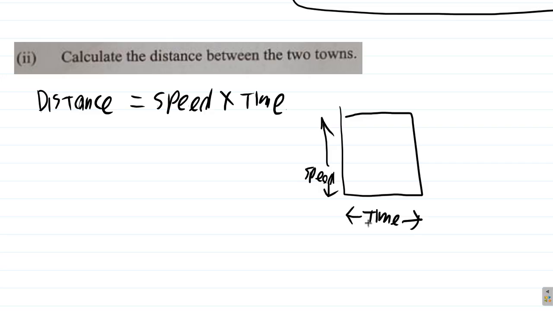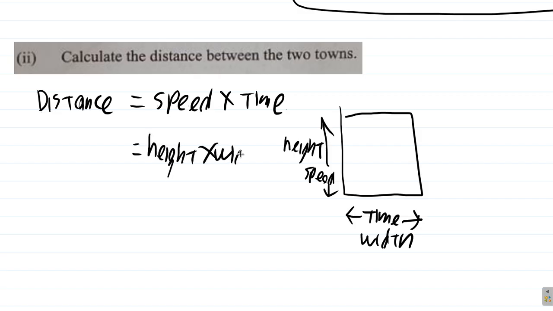If you say speed by time, speed represents the height of this rectangle, and time the width. It is really height times width.